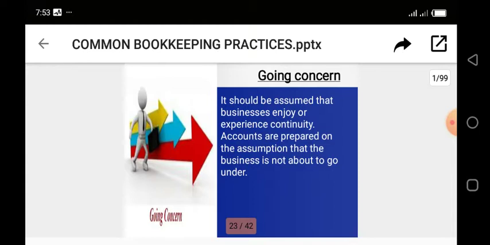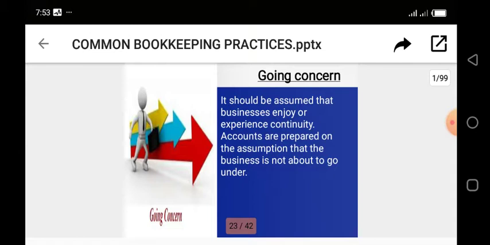So the way they do their record should show that the business is going to continue. It will live long. Accountants are to prepare their books on the assumption that the business is not going to crash or fold up. No, they don't work with that assumption. They work with the assumption that the business will go on. It's a going concern.